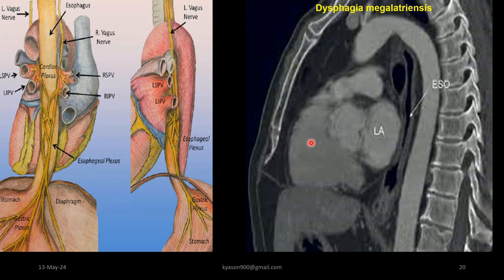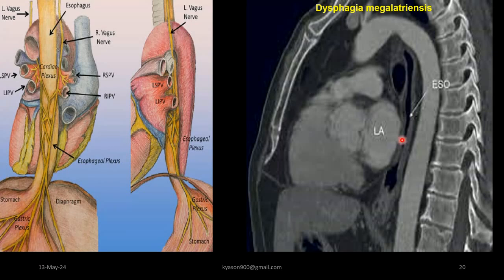So if the mitral valve is narrowed, what will happen? Blood will not smoothly run with ease from the left atrium to the left ventricle. This blood will remain stuck within the left atrium, the volume will increase and the chamber will enlarge.